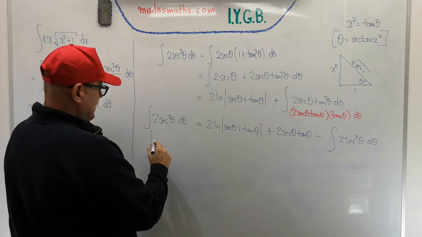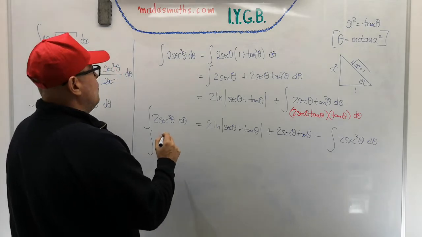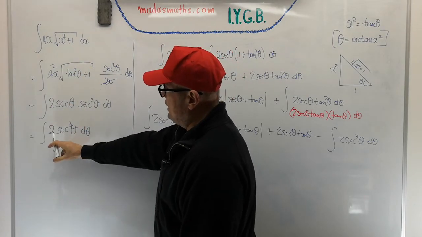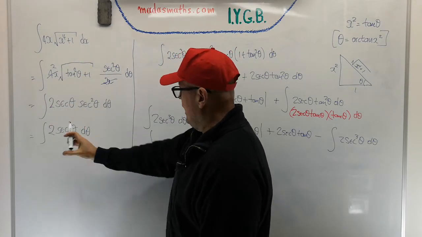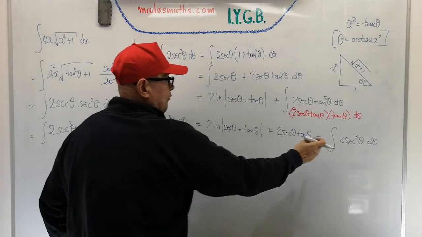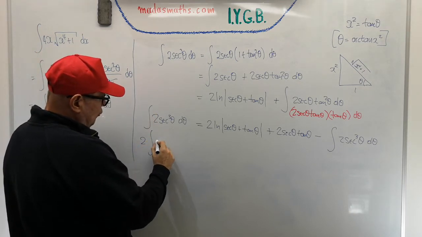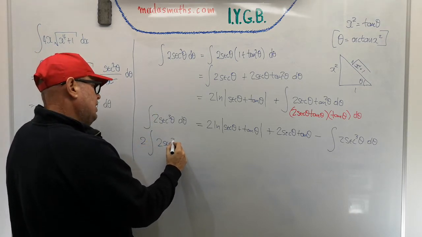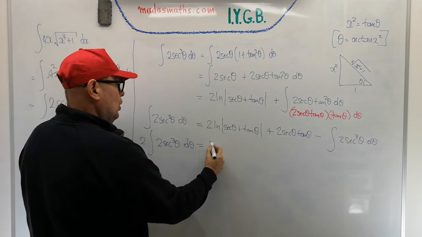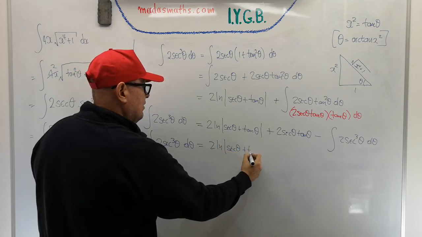So I'm going to write it a little bit bizarrely because that's how I want it. In my integral that I'm trying to find, I need 2 lots of sec cubed theta. So I'm going to put them all together: negative 2 comes there and gives me 2, plus another 2 is 4. But I'm going to write it as 2 lots of the integral of 2 sec cubed theta d theta is equal to 2 log of sec theta plus tan theta.